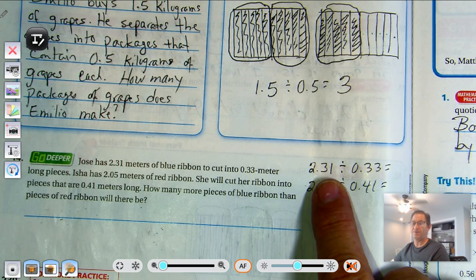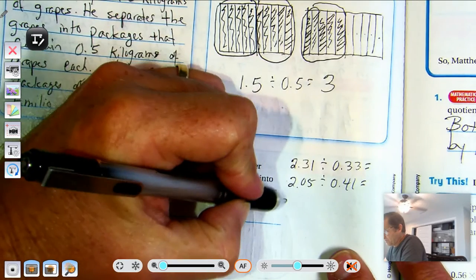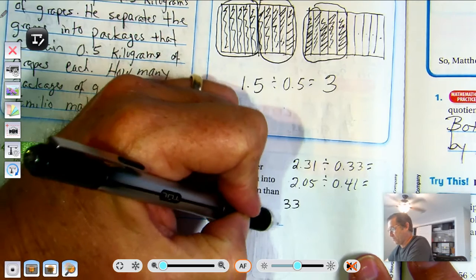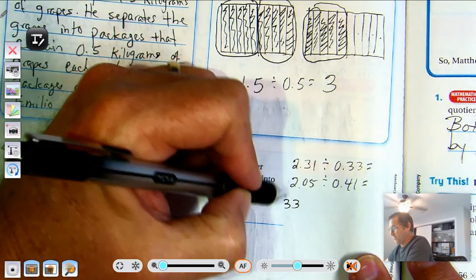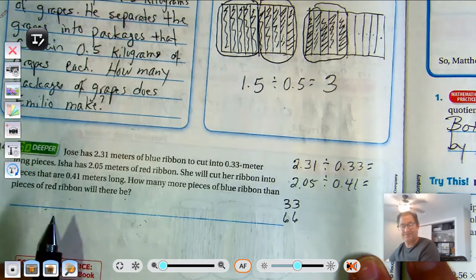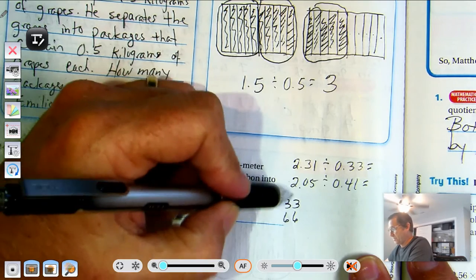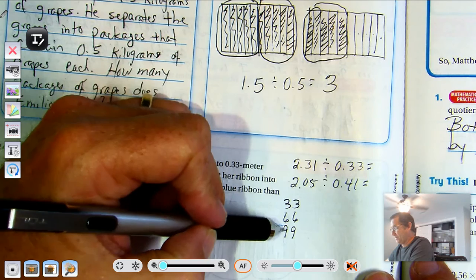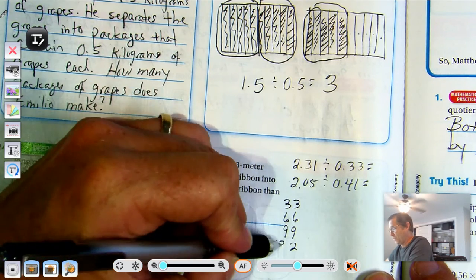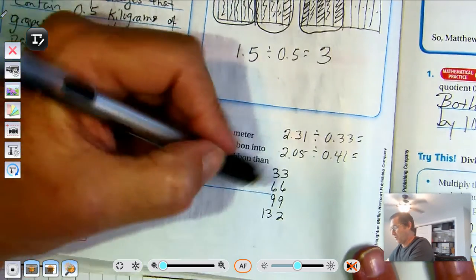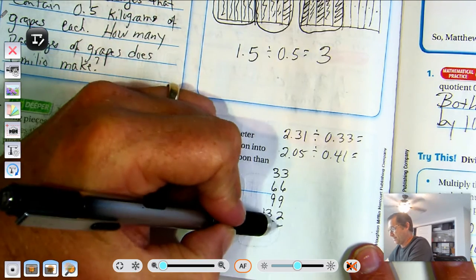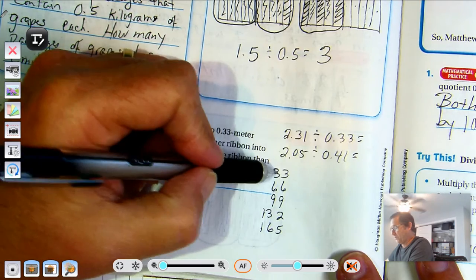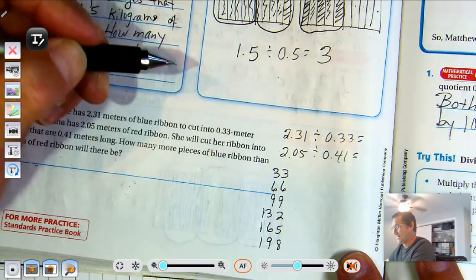So basically we're saying how many groups of 33 hundredths does it take to equal 2 and 31 hundredths, or 231 hundredths? So I'm just going to keep adding 33s until I get to 231. So 33 plus 33 is 66. 66 plus 33 is 99. 99 plus 33 is 132. 132 plus 33 is 165. 165 plus 33 is 198.